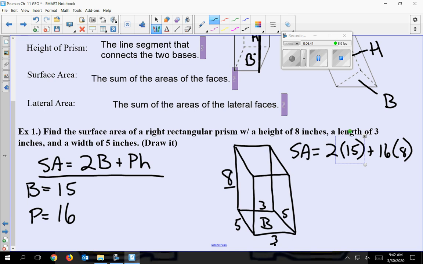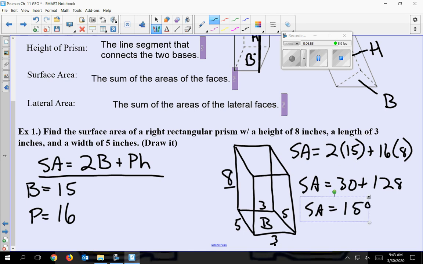So go ahead and multiply and add this all together. And because they did give us units, it'll be inches squared.